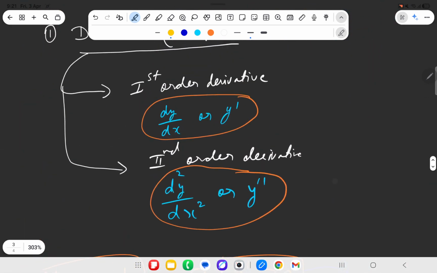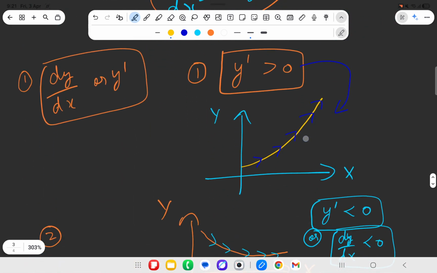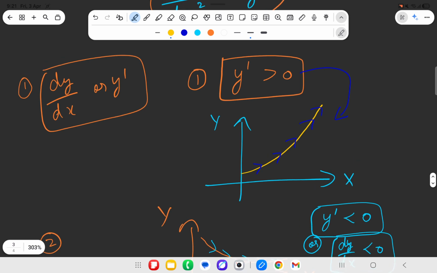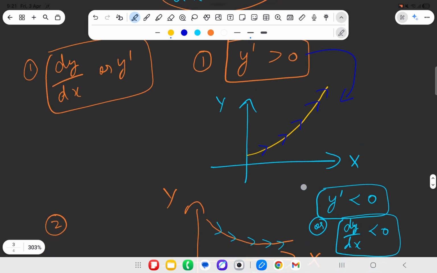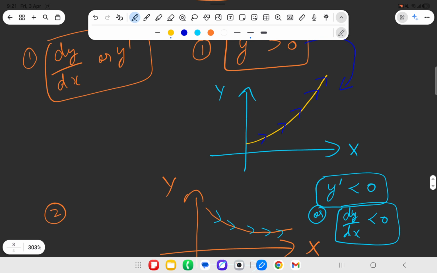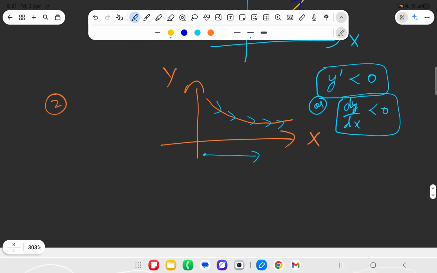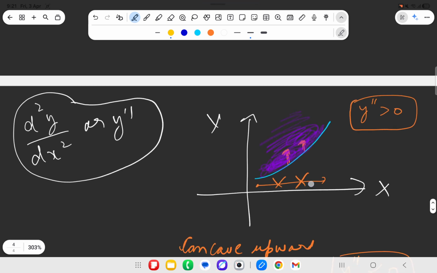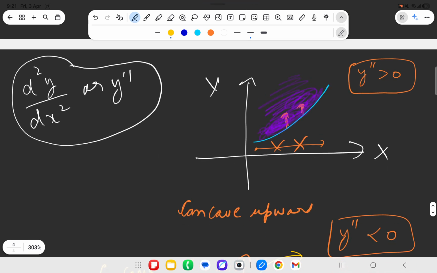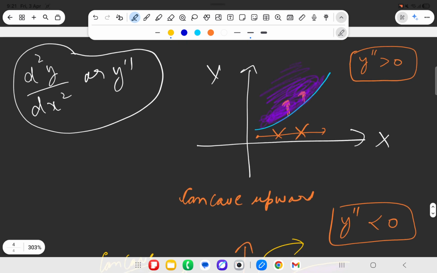Okay, let's recall again. If my first order derivative is greater than 0, it means it's going from left hand to right hand side increasing. Similarly, if it is negative, it's going to decrease. And double derivative is completely different. It's not talking about increasing or decreasing, it's talking about curveness.